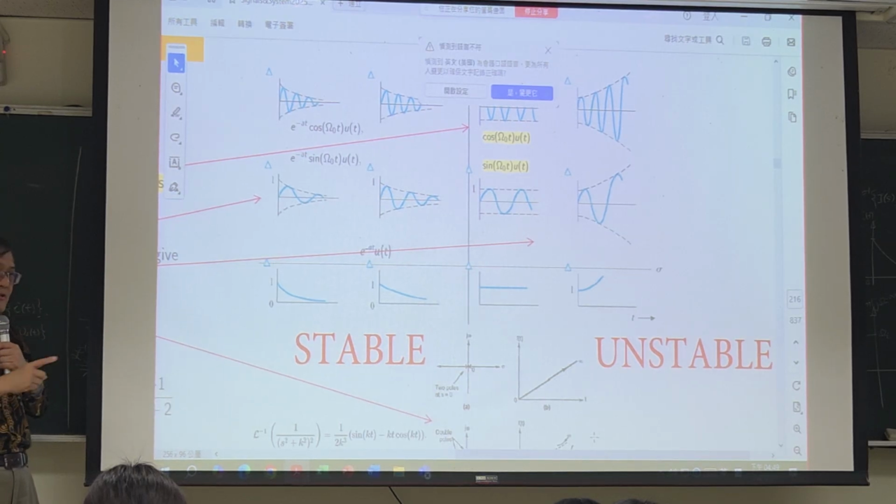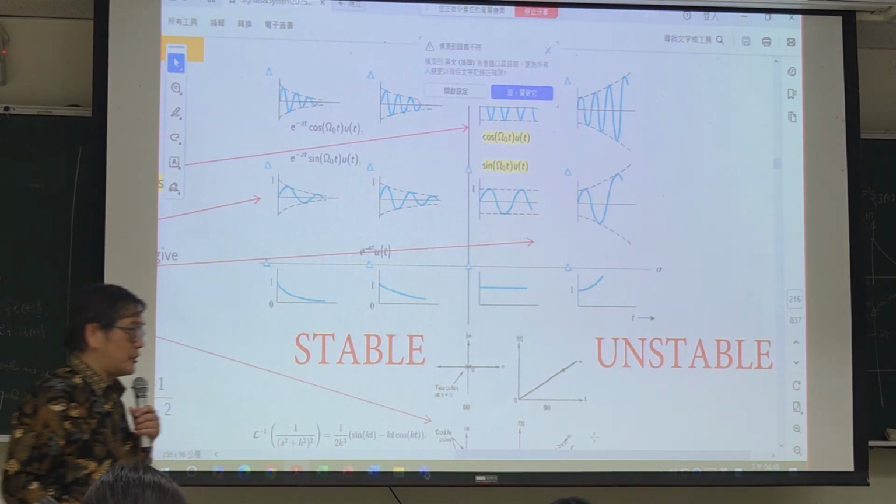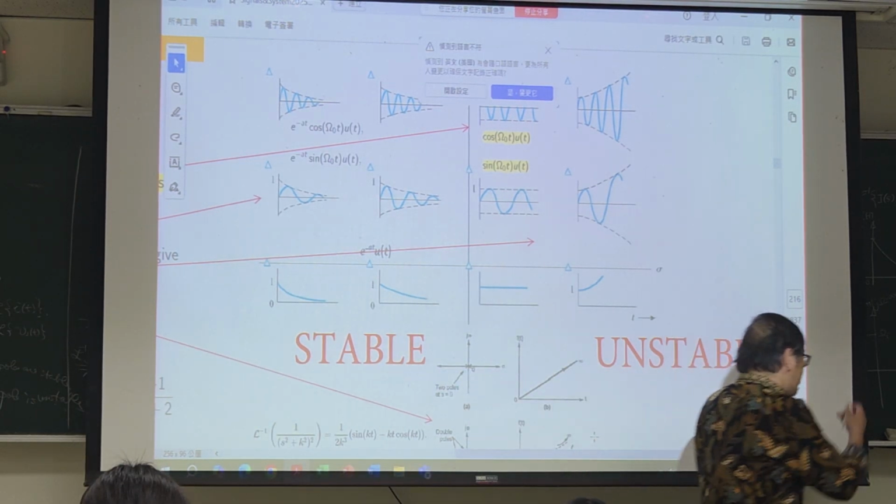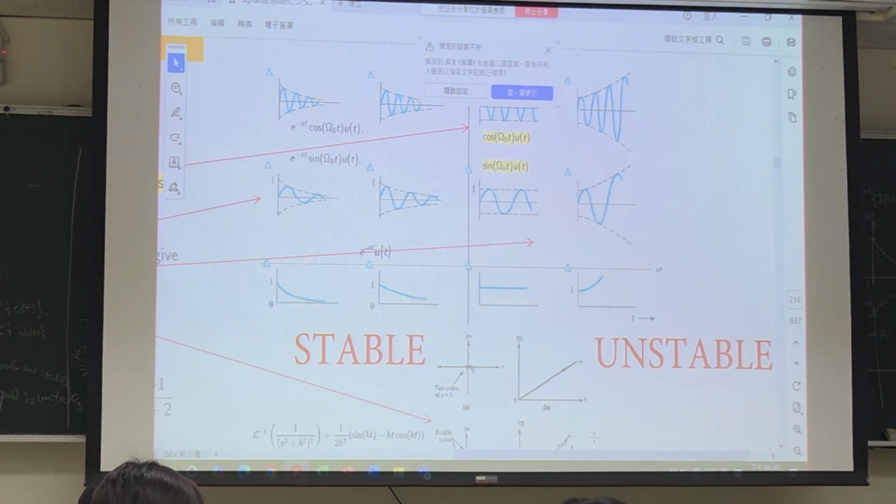Let me ask you, is the system stable or unstable? 99 of the poles are stable poles, but only one pole is unstable. Then the transfer function G of S is stable or unstable?